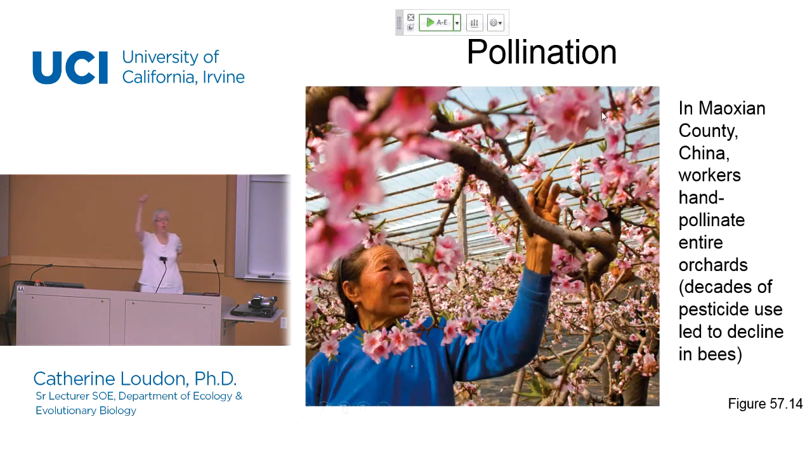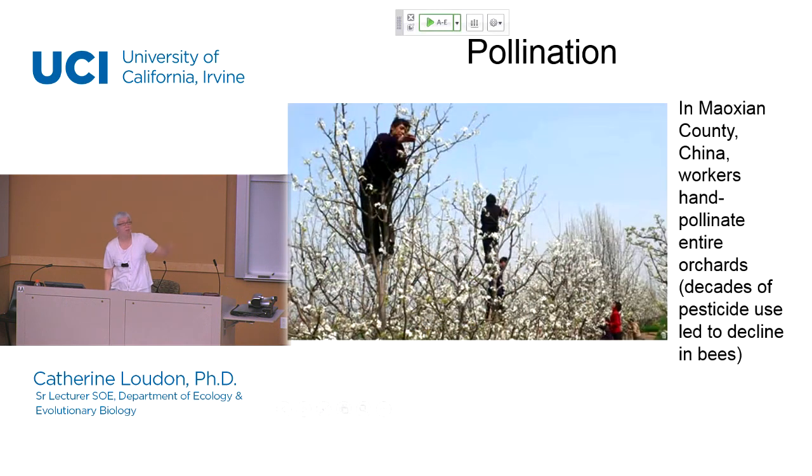So holding a brush or a feather on a stick, then people can manually go to the male flowers that are producing the pollen and transfer those over to the receptive female parts of the flowers. And so this is after decades of pesticide use. Here's another picture.